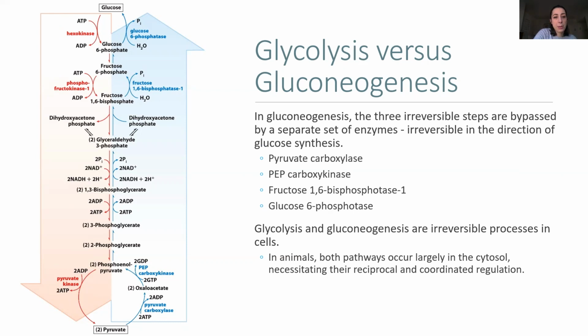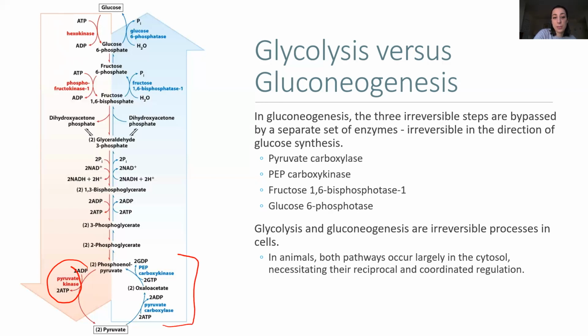We'll look down here at the bottom at the first set of enzymes. You can see that our very last step in glycolysis, which uses pyruvate kinase, is instead reversed through a series of two steps.